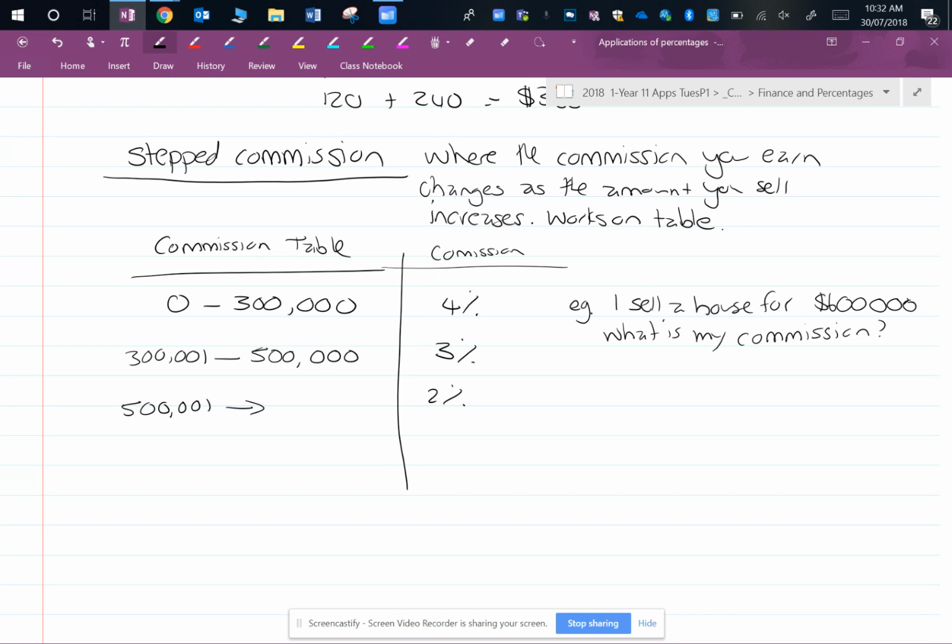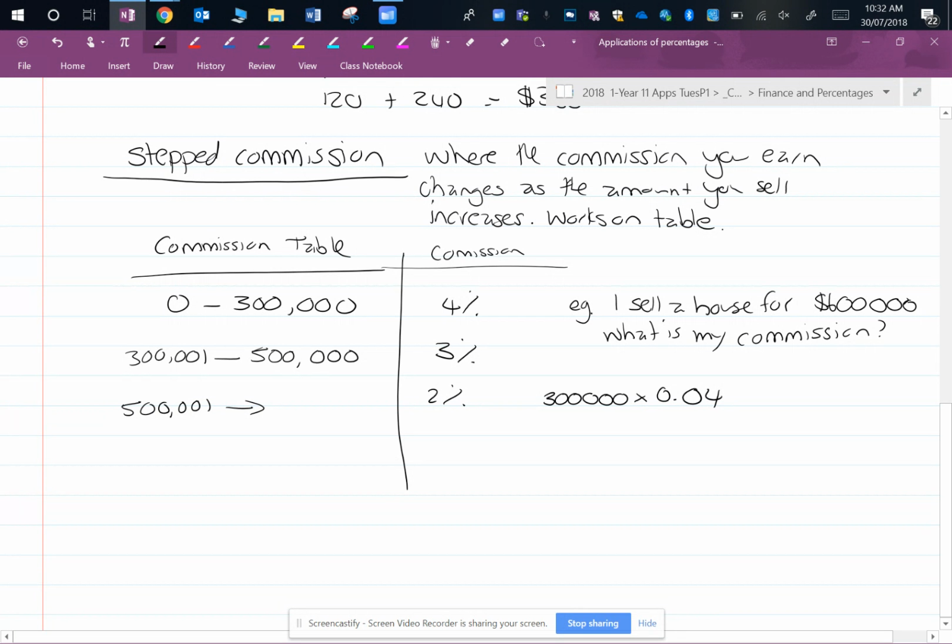So how am I going to work out my commission there? Okay, so that's 4% of $300,000. I then get 3% on any amount of dollars from $300,001 to $500,000. So how many dollars are there between that, there and there?